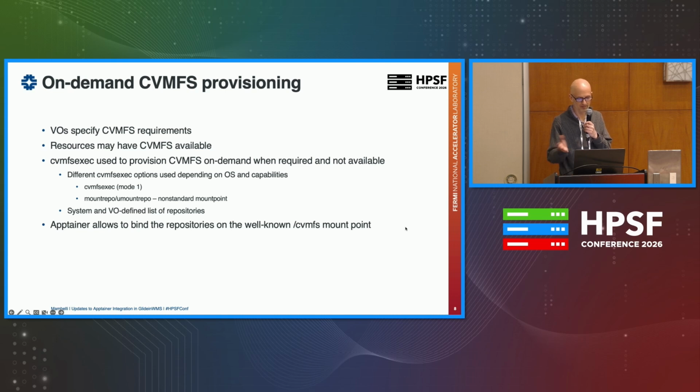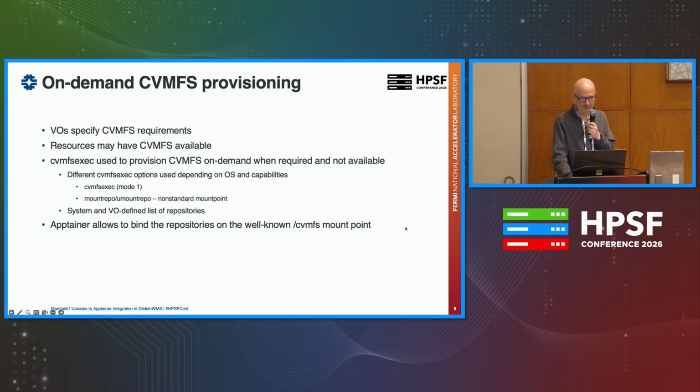Mode 1 of CVMFS exec is the most complete, but some systems are not supported. That one basically is mounting these file systems and creating something similar to be able to bind mount them in the environment, so that they can be mounted on an arbitrary point in the file system.